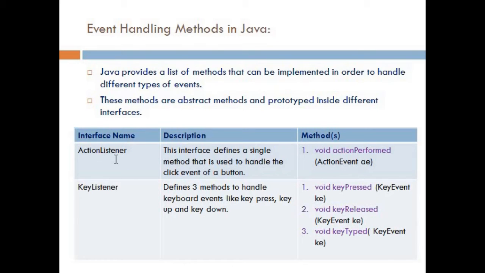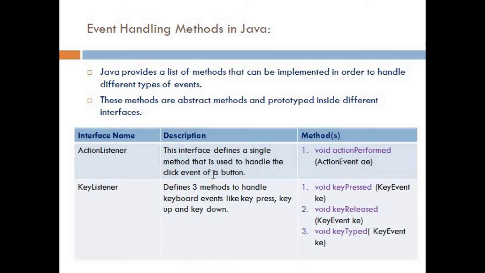Now for the interface named ActionListener, there is a method called void actionPerformed. This method takes an argument called AE, where AE is the object of the class ActionEvent. So in this case, AE is the event message object. This interface called ActionListener defines a single method that is used to handle the click event of a button.